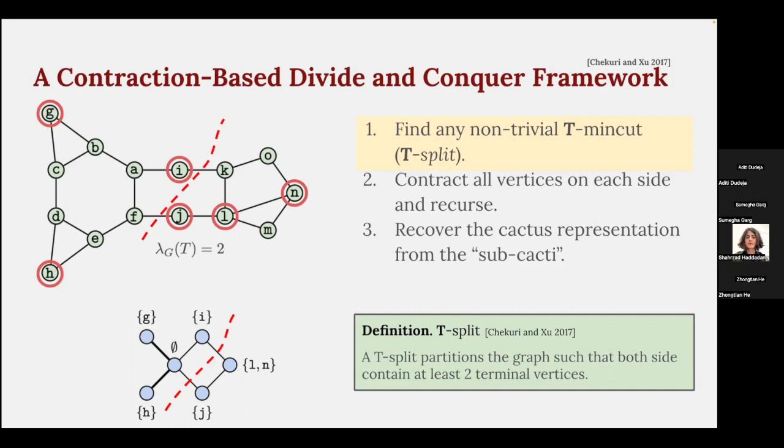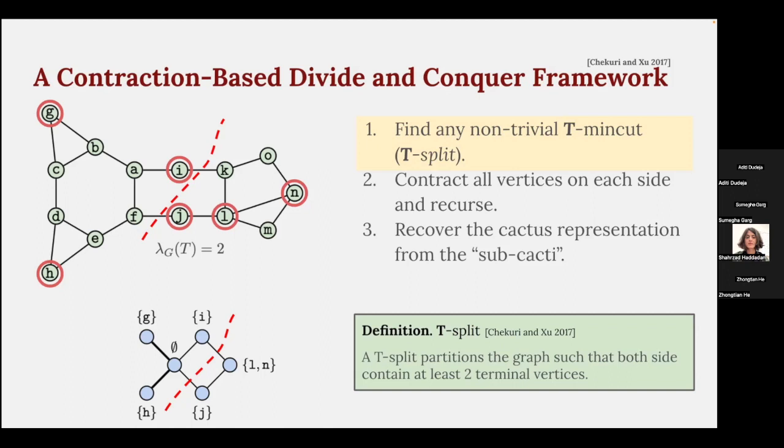So actually, I lied a little bit. I need to mention that we need to do a pre-processing step where you contract all the lambda connected components. Because if two vertices are not separated by any standard mean cuts, you can just contract them.